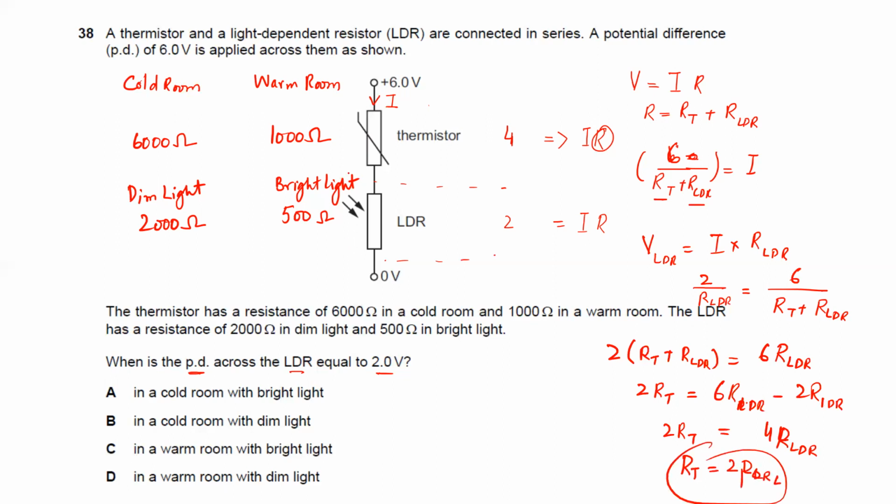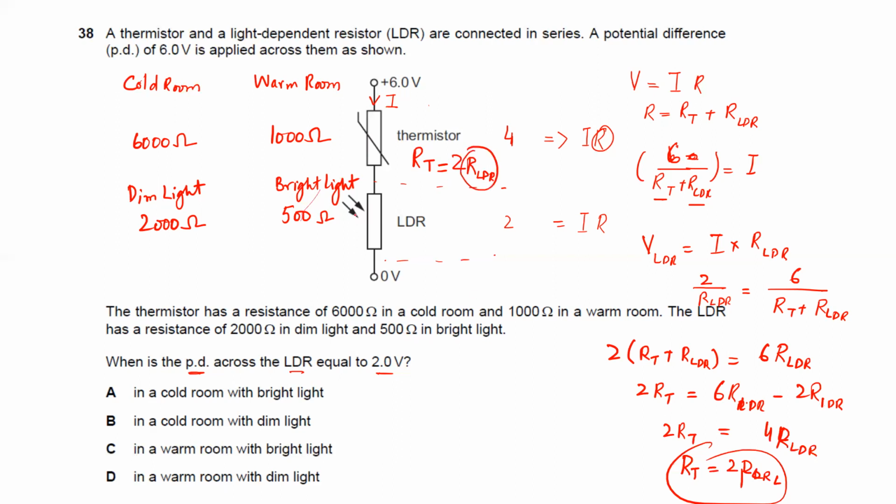So this value, R thermistor, must be equal to twice whatever the value of R LDR is.